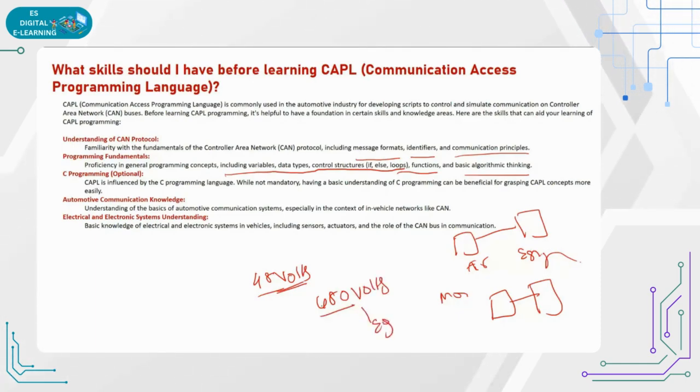So you should be aware whether you need to utilize 48 volts, 480 volts, or 4.8 volts. You should be aware of the voltages, the currents, and the sensors and actuators, and how they can be accessed.